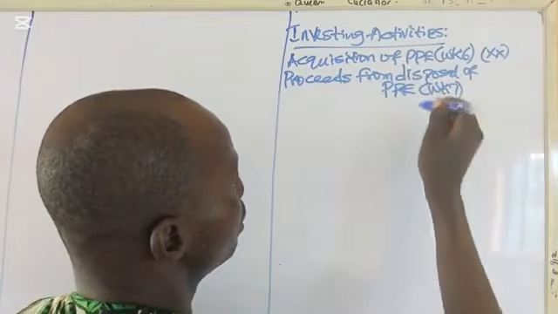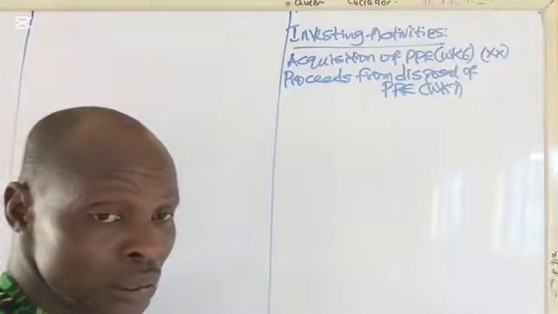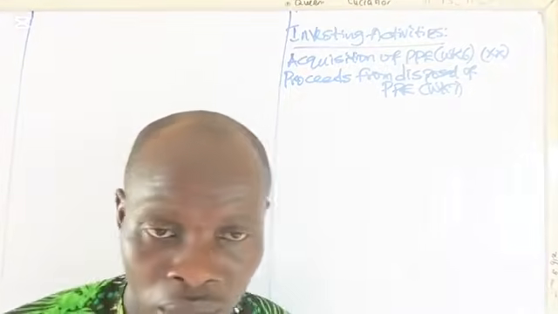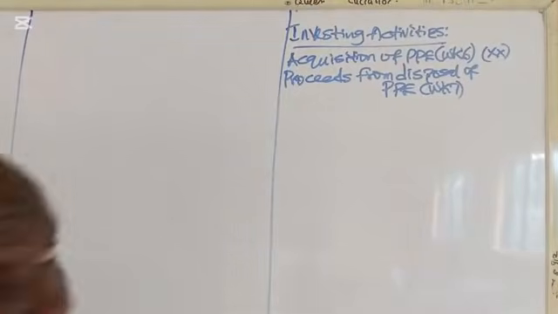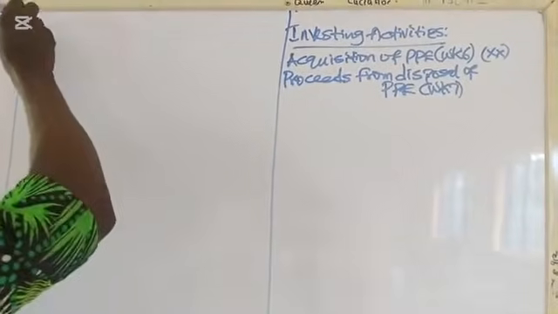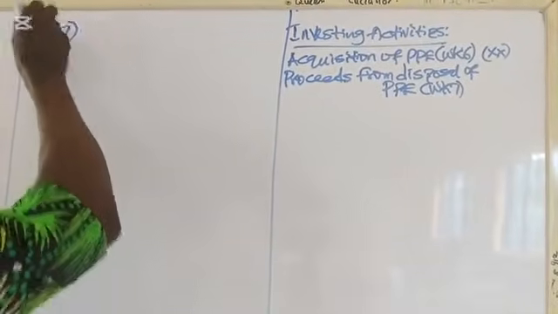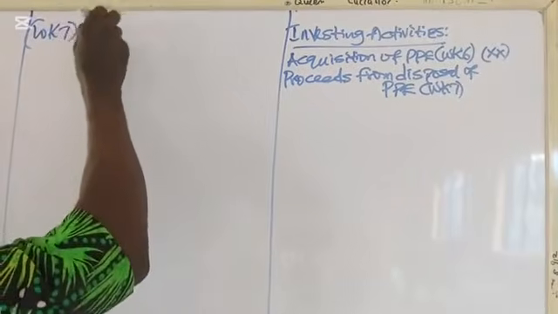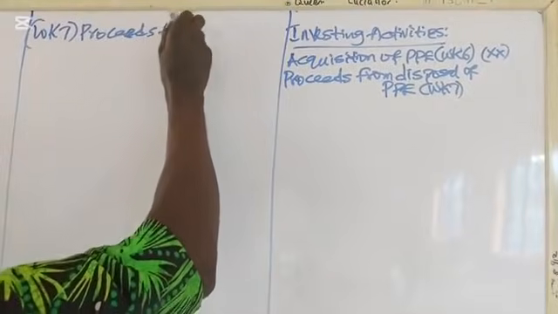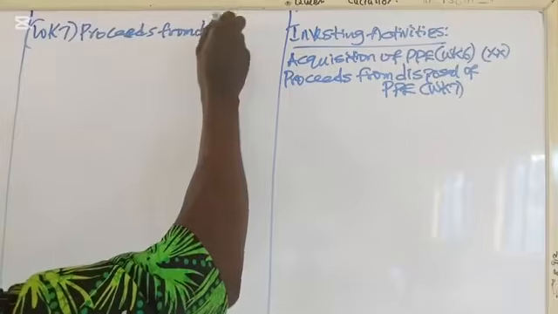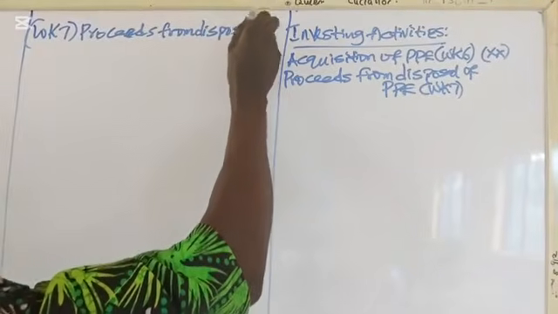That is working 7. Have we shown the working? I have shown working 7. So working number 7 is proceeds from disposal of PPE.